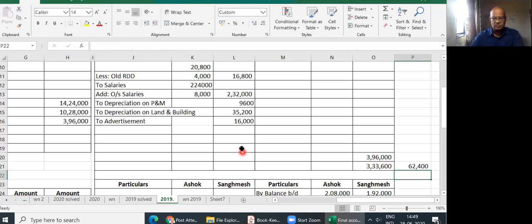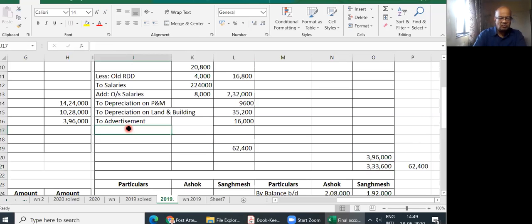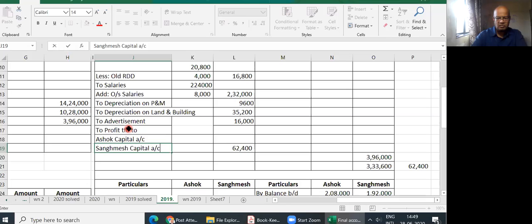So it is 62,400. This will be transferred to profit transfer to Ashok capital account and Samesh capital account.